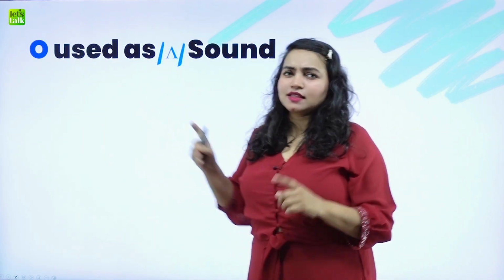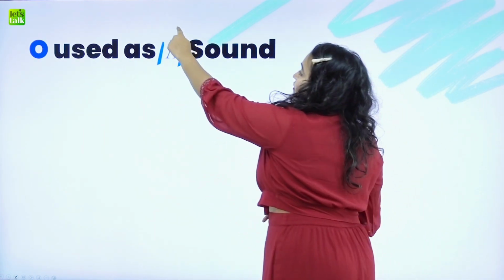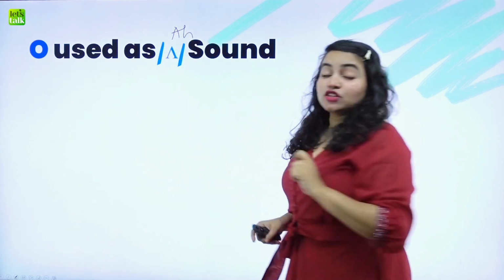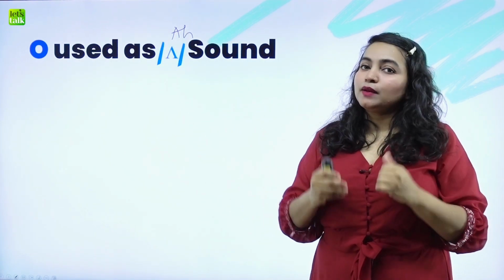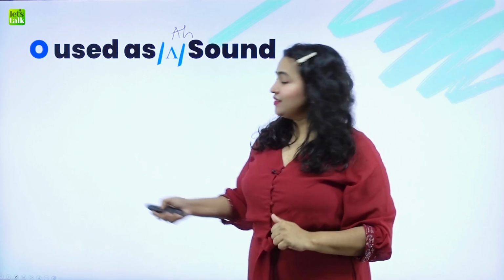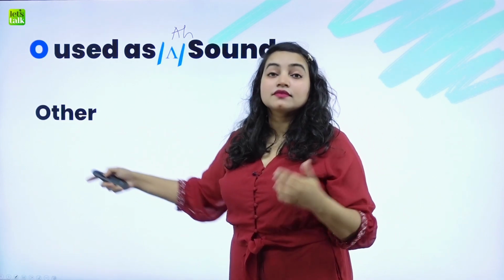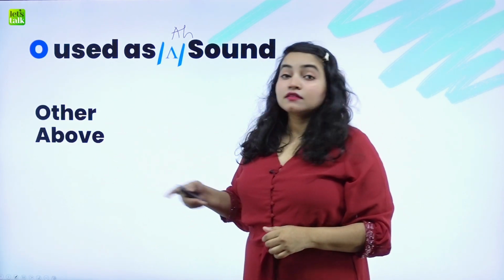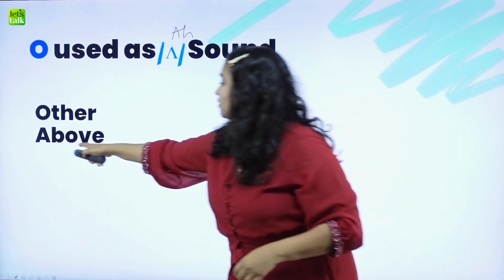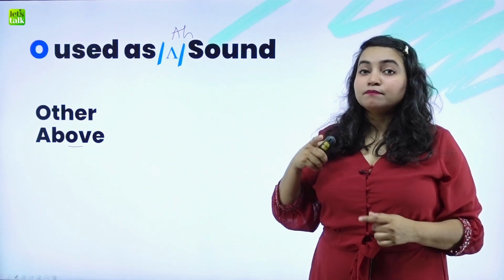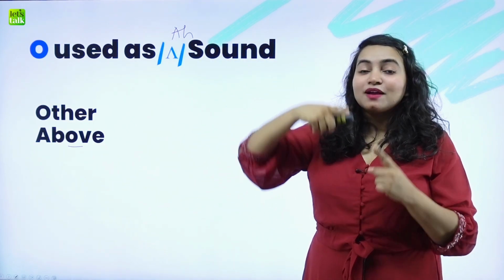But then we've got O also used as the A sound. Okay. As I mentioned, it's not an A, it's simply A. Let's look at some words. Other, other. Above, not above, above, above.